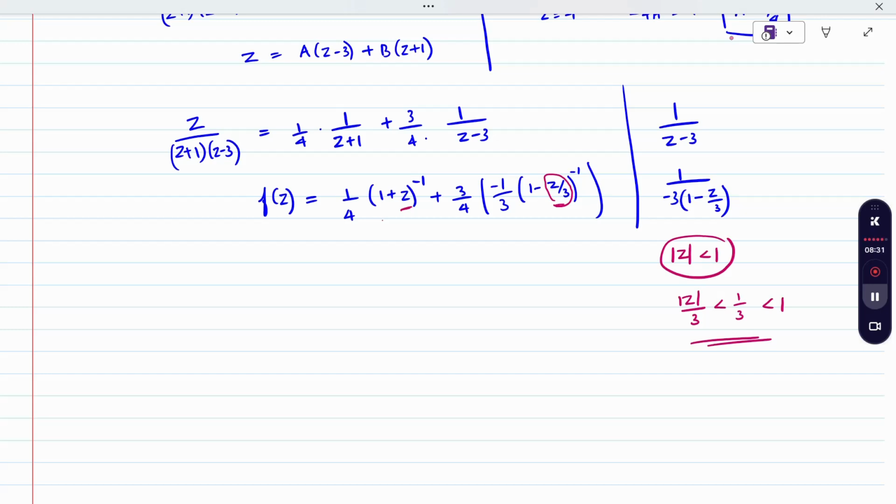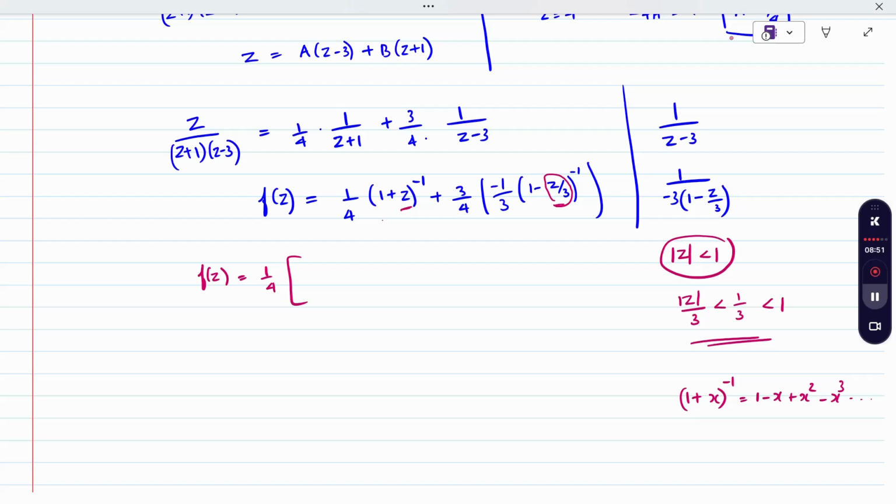So when I do it, f of z is nothing but 1 by 4 times the expansion of (1 plus x) the whole power minus 1. What is the formula? 1 minus x plus x squared minus x cube, etc. It is a binomial expansion.